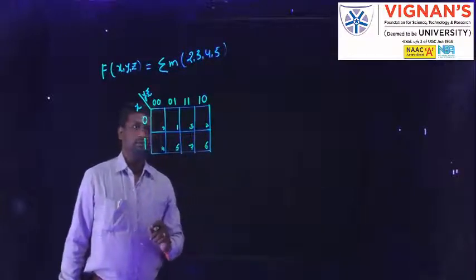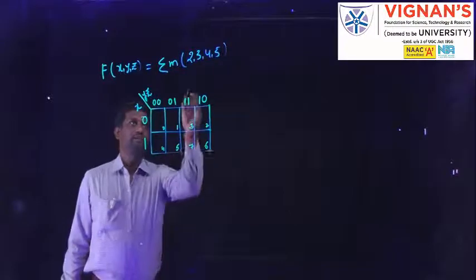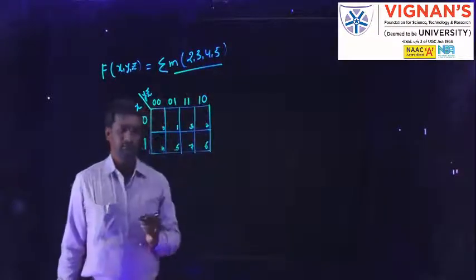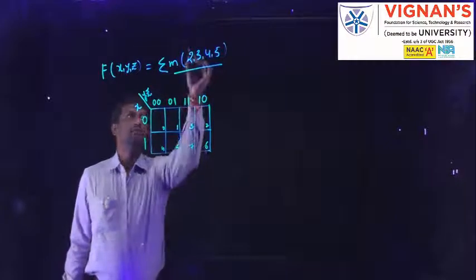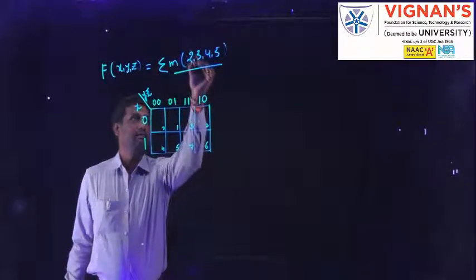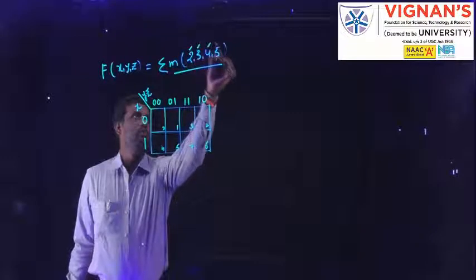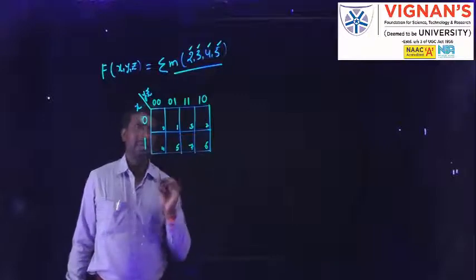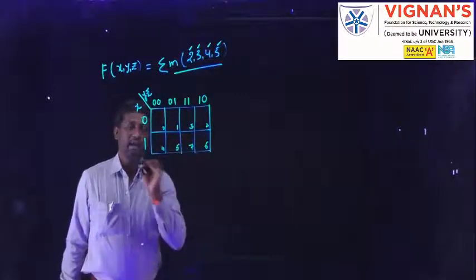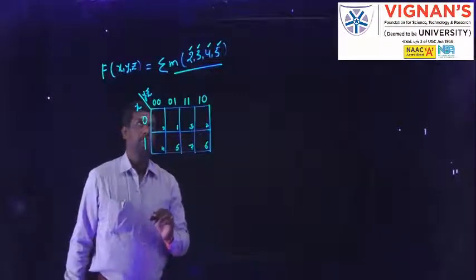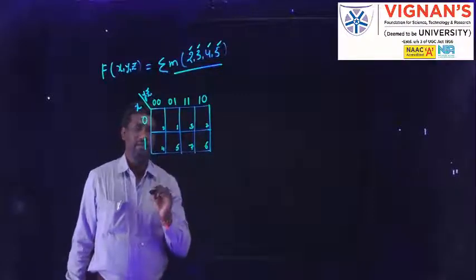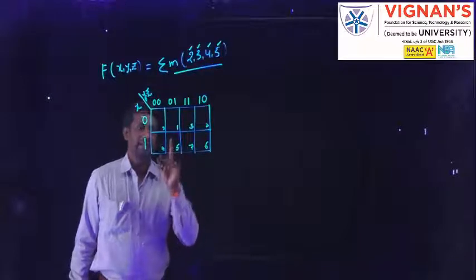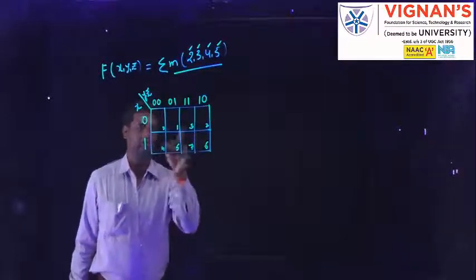Now, from the given function, the decimals 2, 3, 4, 5 are the minterms present in the Boolean expression. So we have to assign 1 to the corresponding minterms on this K-map.